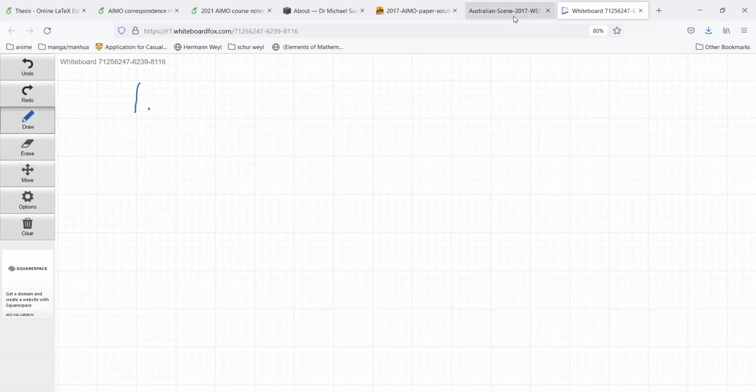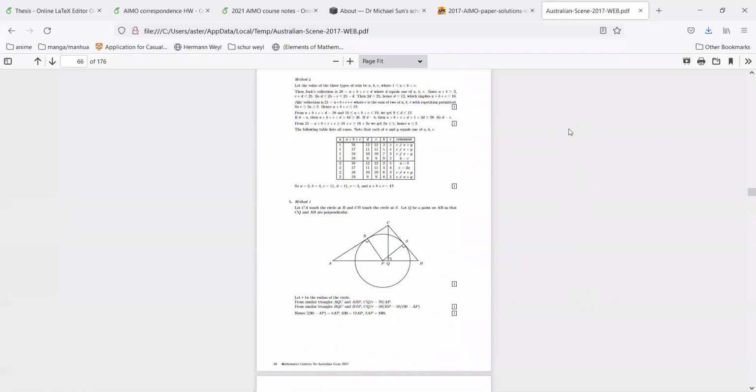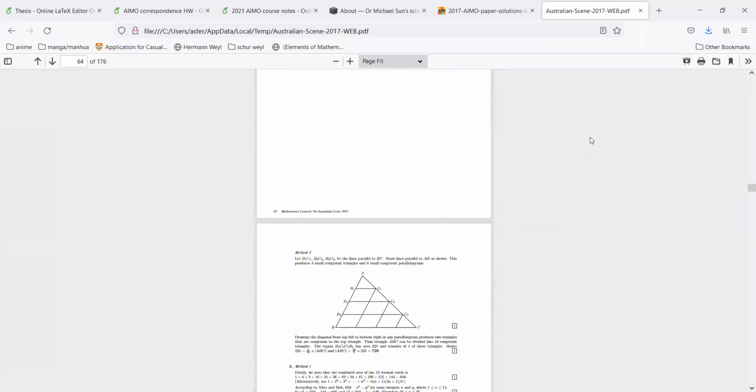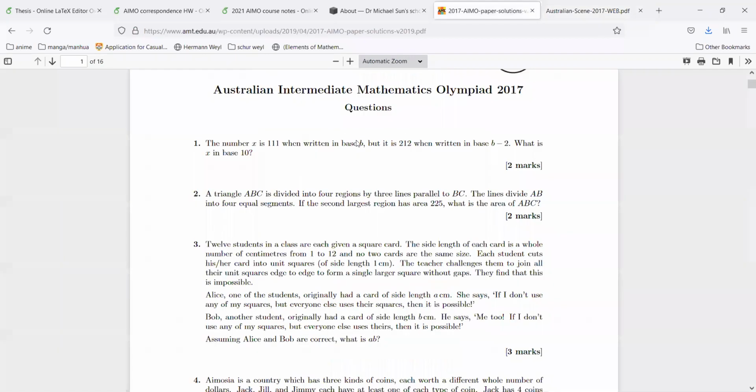So we have... what's this? The number x is 111 when written in base b, so x is equal to 111 in base b, and it's also equal to 212 in base, is it b minus 2?